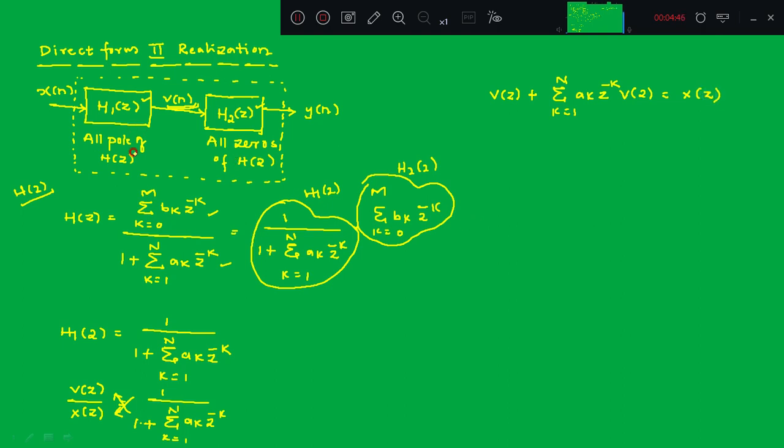And for this all-pole filter, what is the output? v(n) is there. So we have to always write the equation for output in terms of the coefficients as well as the input.